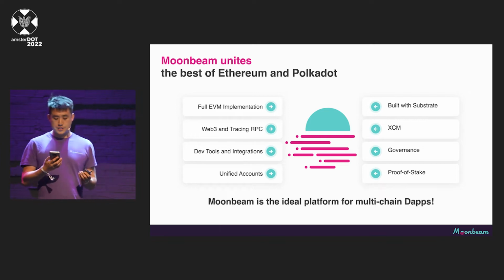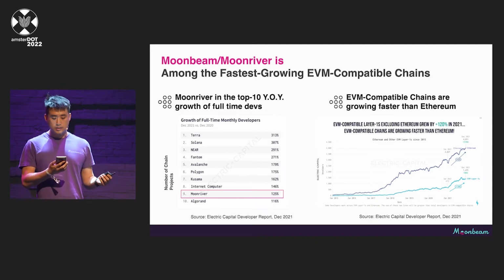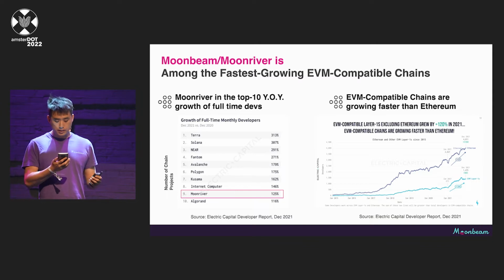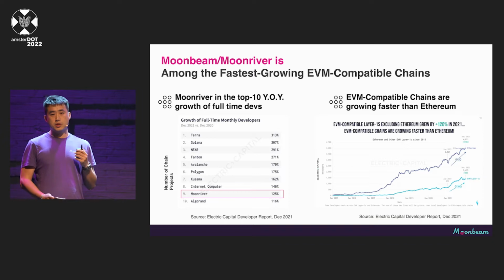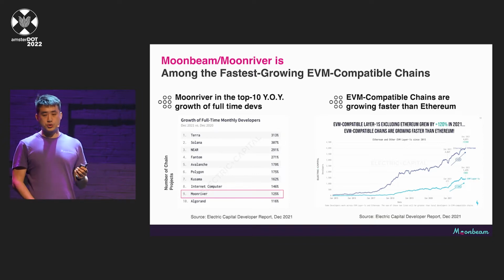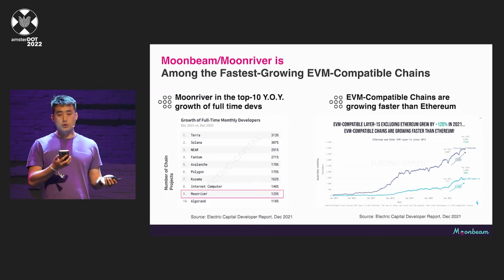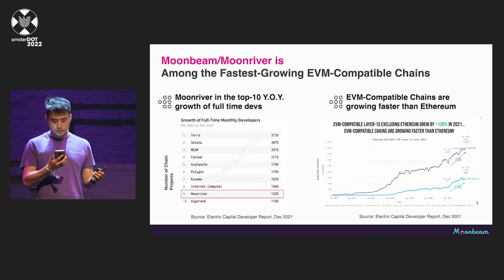You might ask, why are you trying to create an Ethereum compatible environment on Polkadot? The answer to that is, it's because Ethereum compatible chains are seeing some of the highest user growth rate, and they're also seeing some of the highest gains in traction.